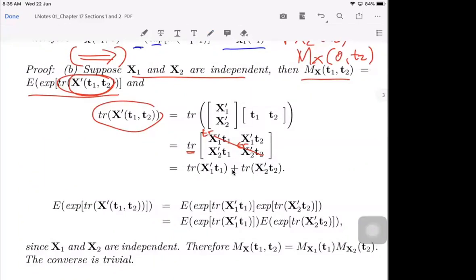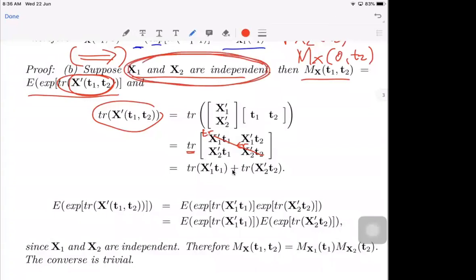And we see that since they are independent, because of this assumption, this whole term here, after getting the expectation of the exponential of this term, we can express it as the product of the expectations.